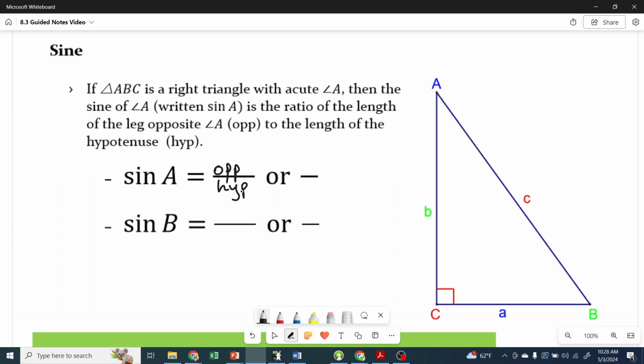Well, opposite of angle A would be A over C. Again, opposite over hypotenuse. And this would be B over C for angle B.